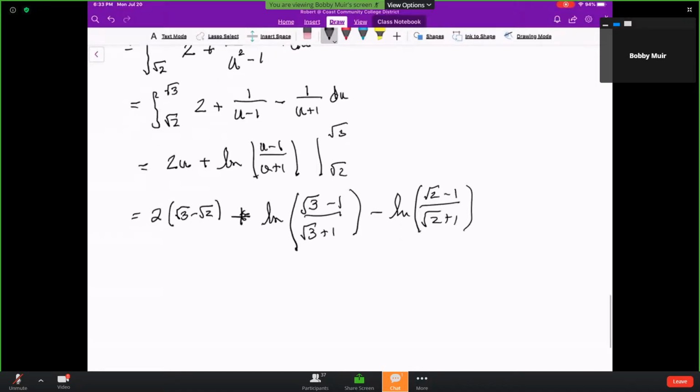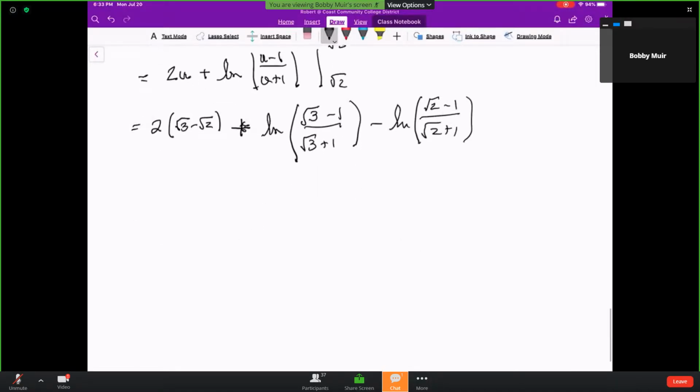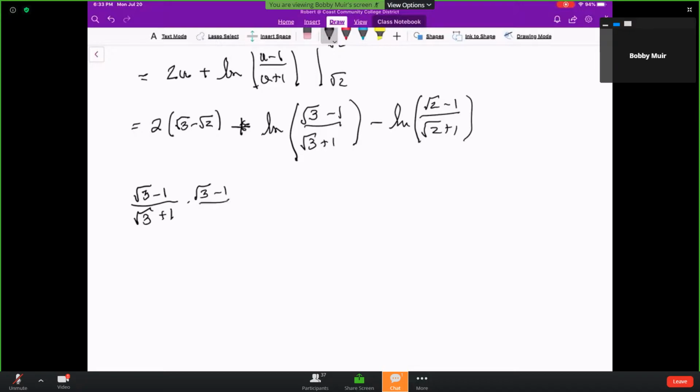Okay, now from here, this is where I might think there might be some issues. So one thing that maybe some people did was start doing this stuff. Radical 3 minus 1, radical 3 minus 1.